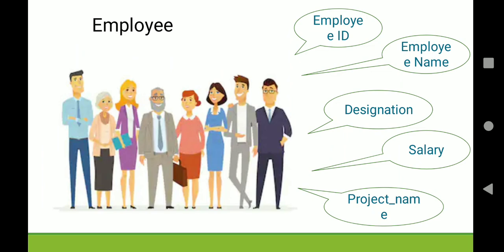We have to store all these details as a single data type, that is employee ID, employee name, designation, salary, etc. All these things should be combined together into a single data type. Structure is one such method in C language that can help us to combine all these details together.